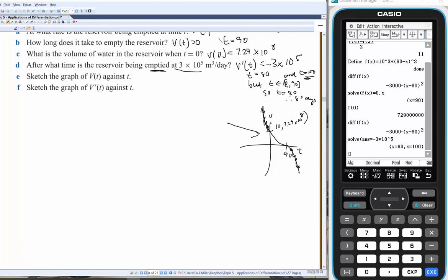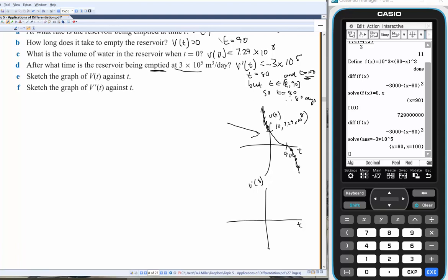So what's going to happen here is we're going to have a negative rate of change along here up to this point here. So let's do the derivative graph. This is going to be t still, and instead of V of t, this is going to be V dash t. Now what we've got here is a 0 gradient point.